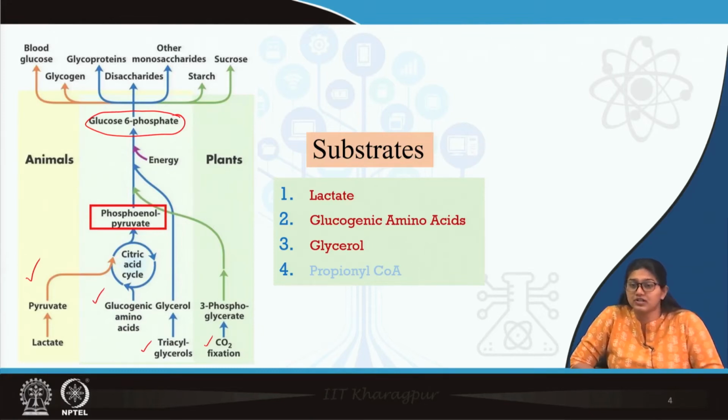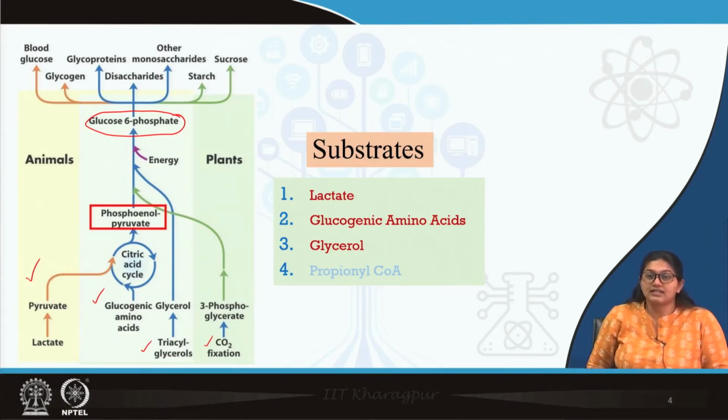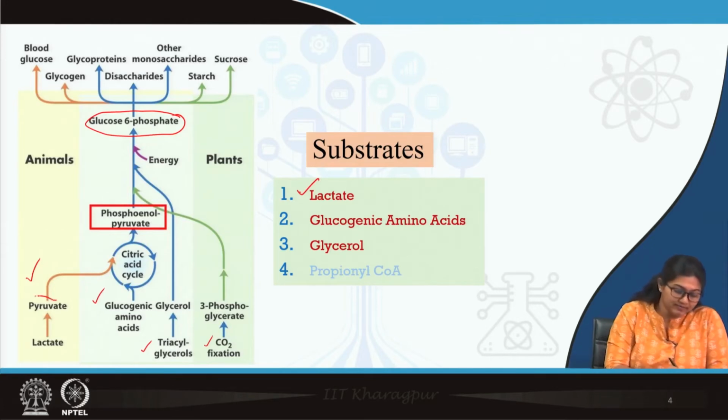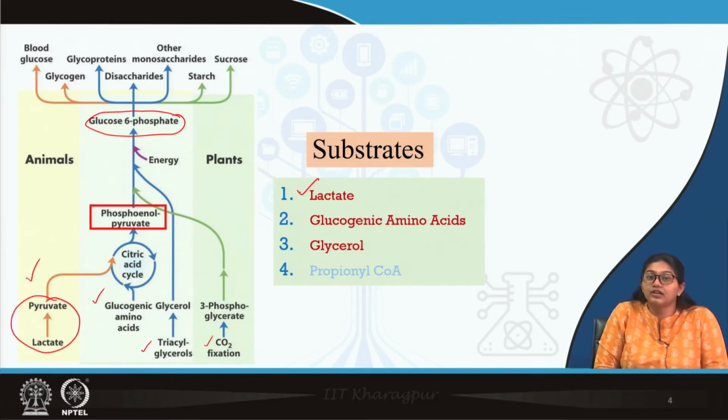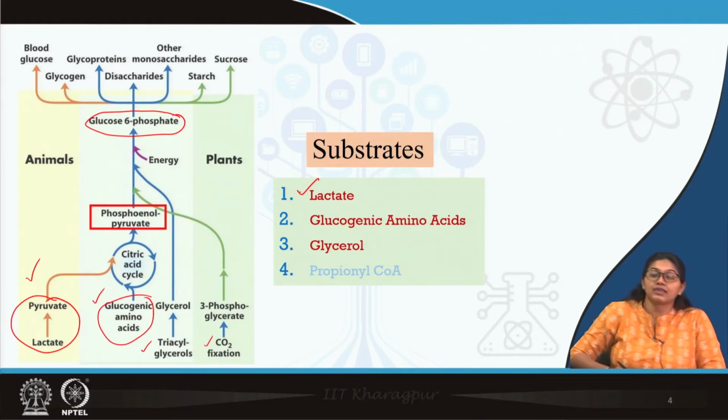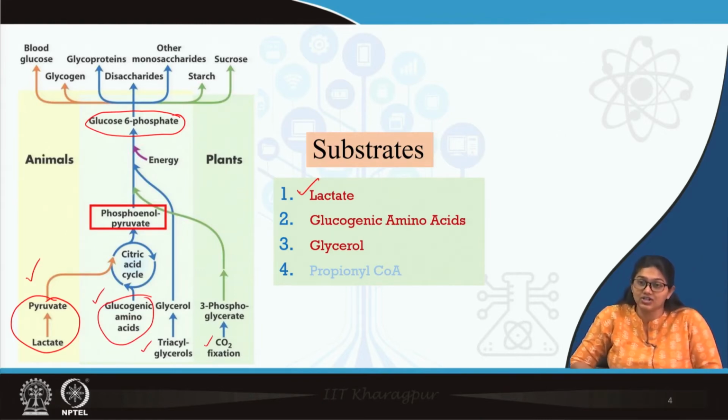So, what are the substrates which are utilized as the provider of glucose, like non-carbohydrate substrates? An important one is lactate. Lactate can form glucose via forming pyruvate. Different glucogenic amino acids can enter the TCA cycle, can replenish different intermediates of the TCA cycle, and finally can be directed towards formation of glucose.